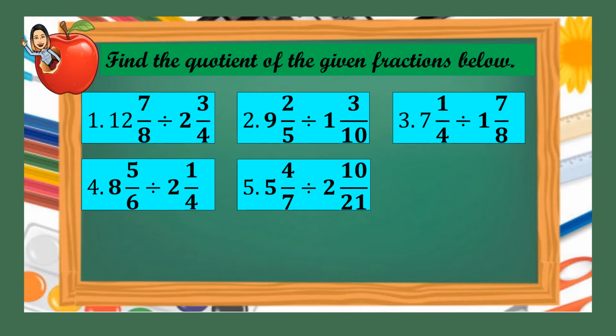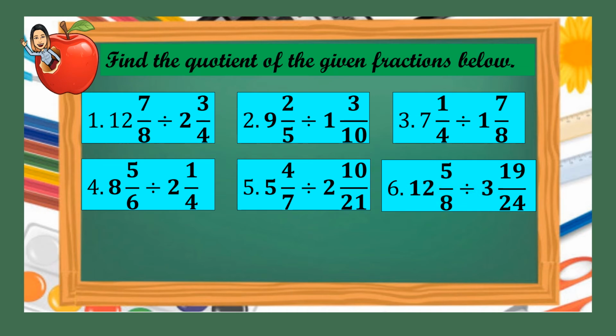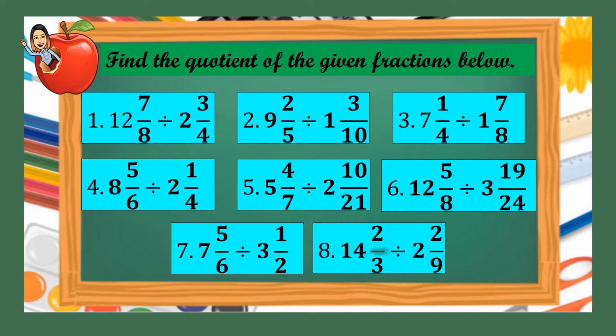Number 6, 12 and 5/8 divided by 3 and 19/24. Number 7, 7 and 5/6 divided by 3 and 1/2. Number 8, 14 and 2/3 divided by 2 and 2/9. So I will give you 15 minutes to answer this problem.